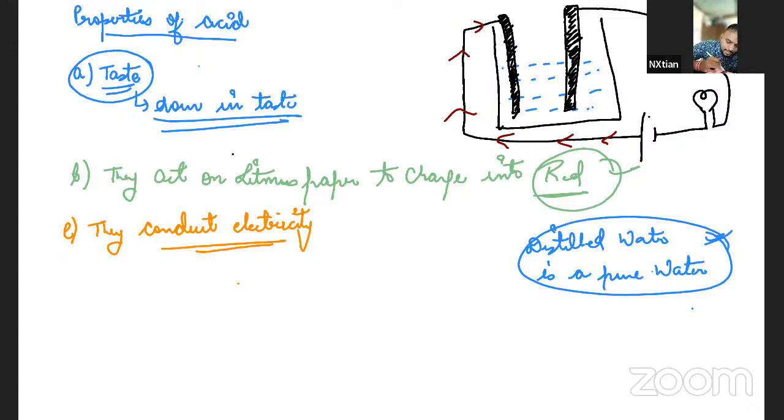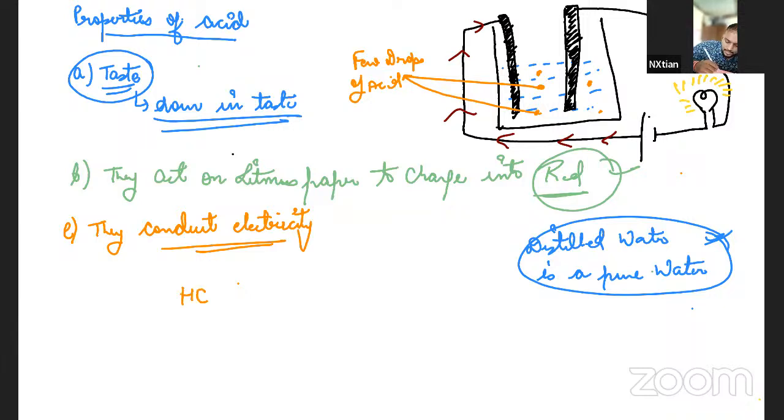But if I add a few drops of acid, then this bulb will glow. It means that there is a flow of electric current. How is that possible?